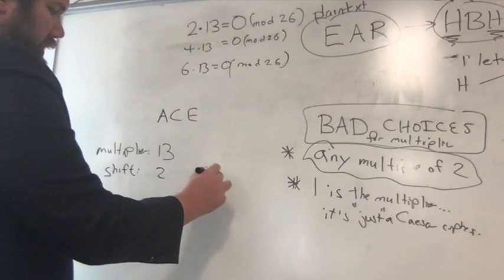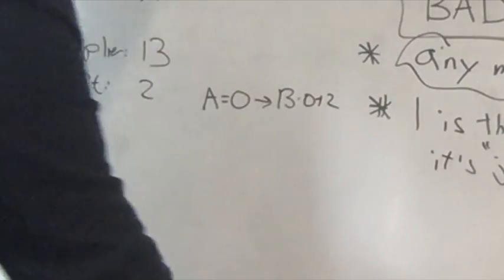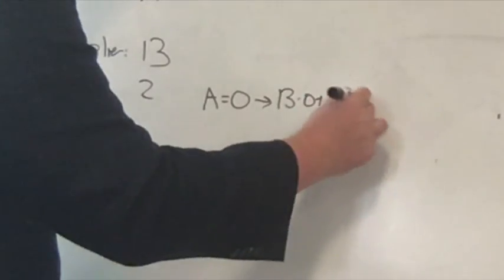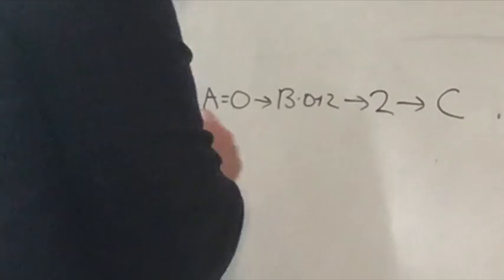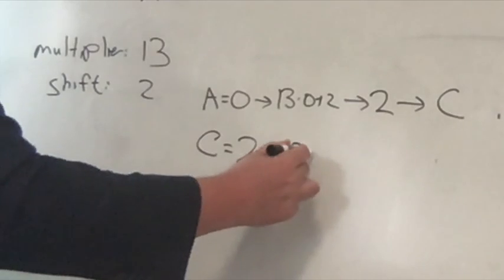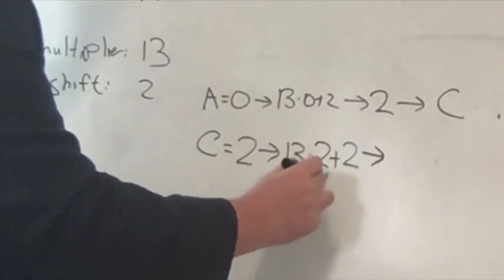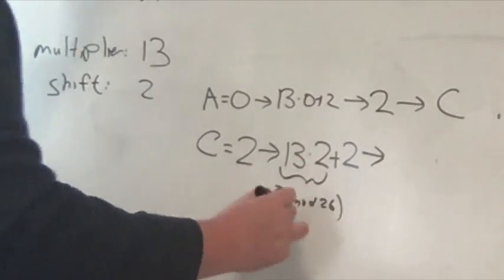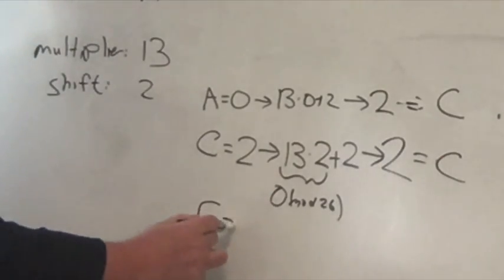And A, which is 0, gets sent to 13 times 0 plus 2, which is 2, which is C. And C, which is 2, goes to 13 times 2 plus 2, which, this is 0 mod 26, so this is 2, which is C. And E is just 4.